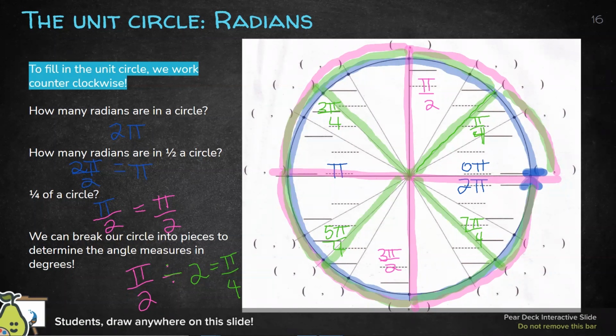So we are going to continue breaking down our unit circle in radians by thinking of cutting these things into fractions. The next way we're going to do it is just like we did with the degrees, where we cut the pi over 2 into 3 equal pieces.